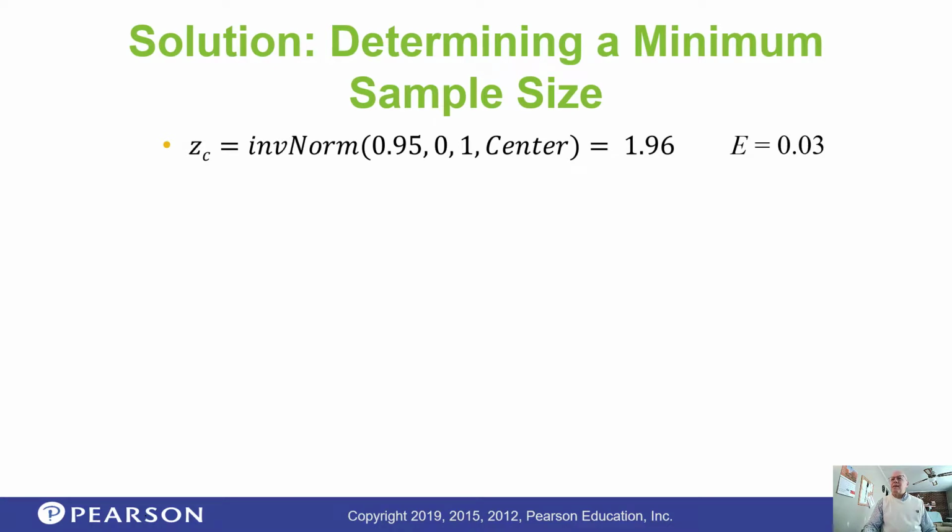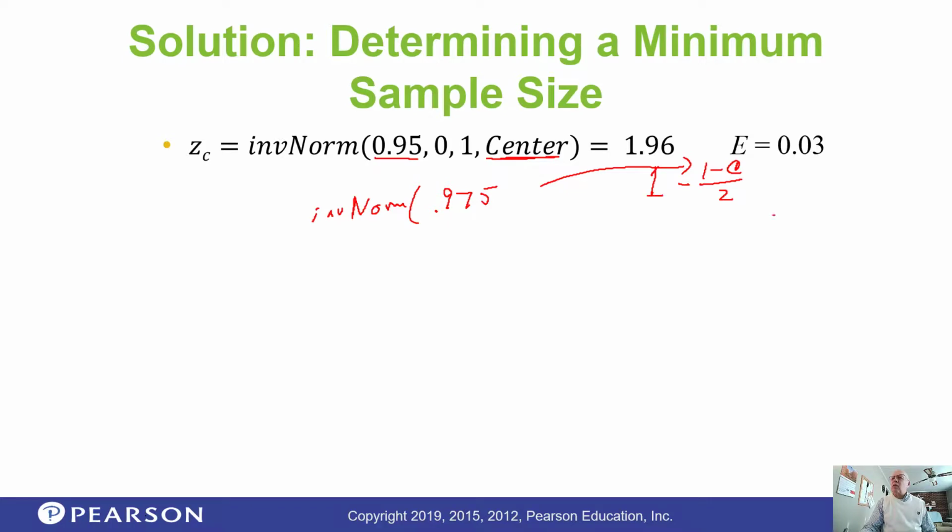You get the z. Remember, if you don't have a TI-84 Plus CE, you won't be able to use this part. You'll have to use inverse normal: 0.975, which is 1 minus C over 2, and then subtract that from 1.